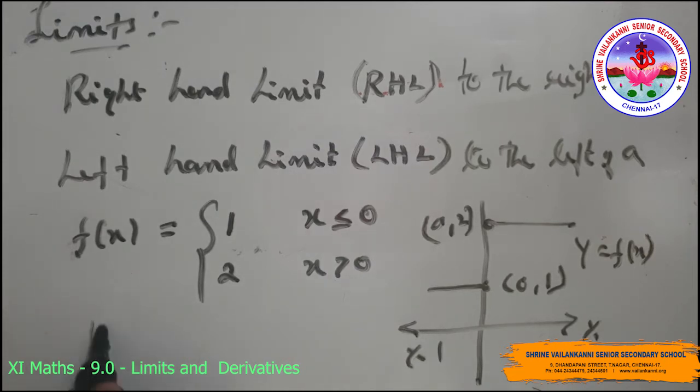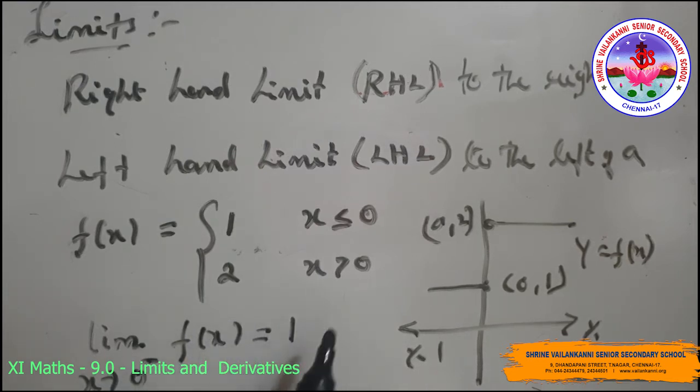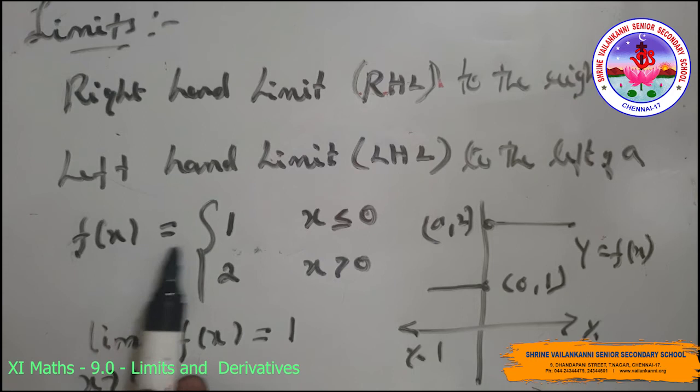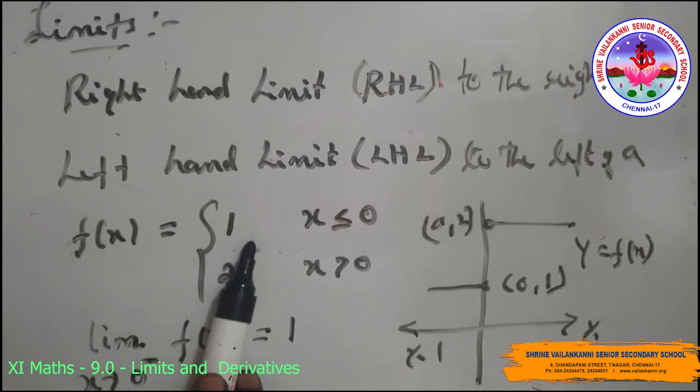So we denote this as left hand limit as x tends to 0 minus, f of x equal to 1. To the left of 0, we have the function f of x equal to 1.